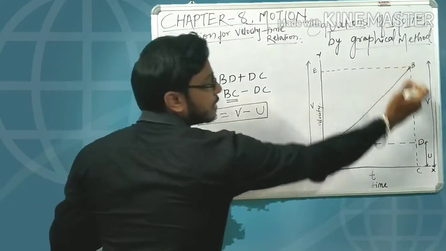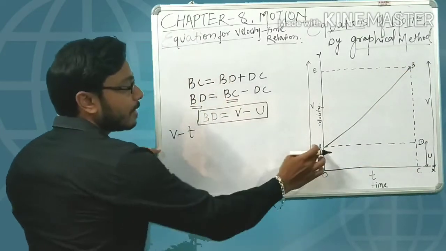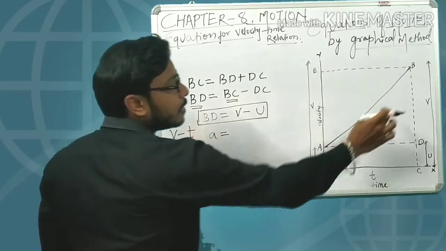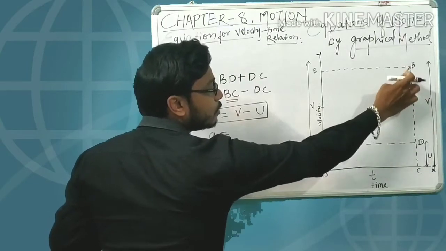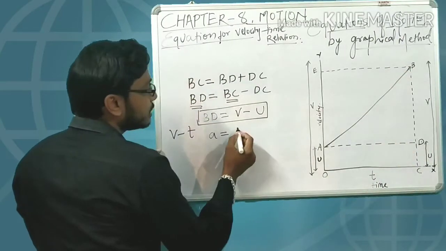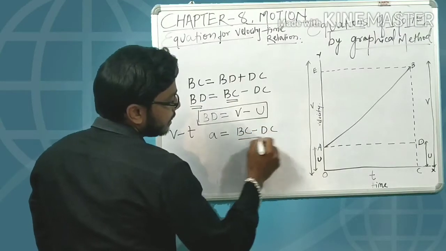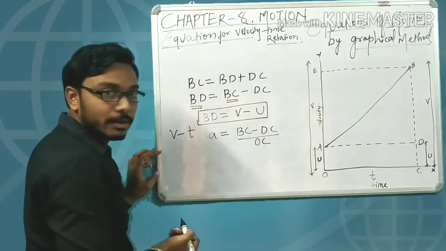So for finding acceleration, we can write A is equal to what? BC minus DC by OC, that is the time. Okay.